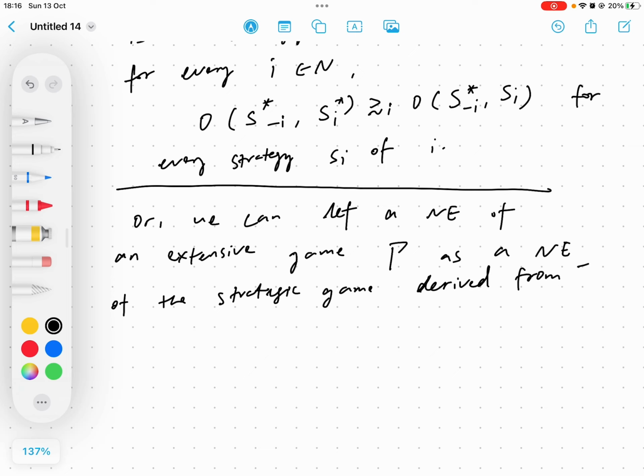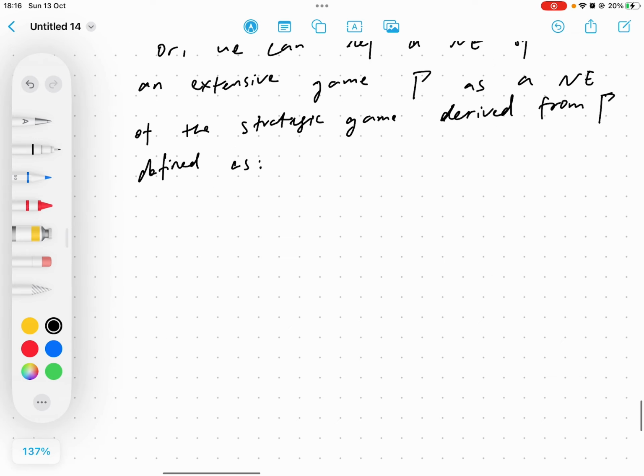As we just mentioned, those contingent plans, as their actions, could be transformed or derived into a simple strategic game, right? Defined as follows. Okay, so we have another definition.